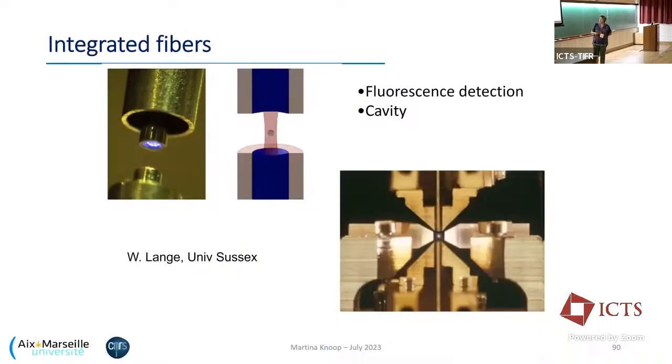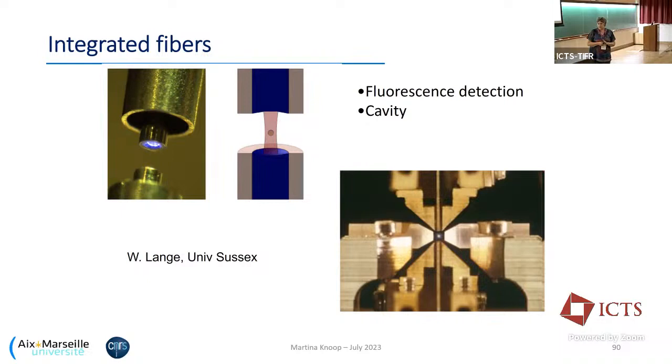Okay. And one last idea about that. Wolfgang Lange started that a long time ago, maybe 10 years, and now it's taken up by many different groups. If you have already a microstructure trap, which is fabricated in a more or less standardized way, you can say, why, if I do have a microscopic trap, would I have macroscopic optics on that and come in with my lasers from all the sides and have a large objective on that?